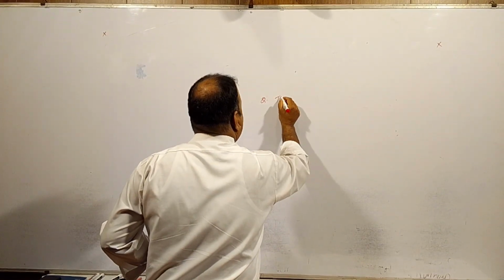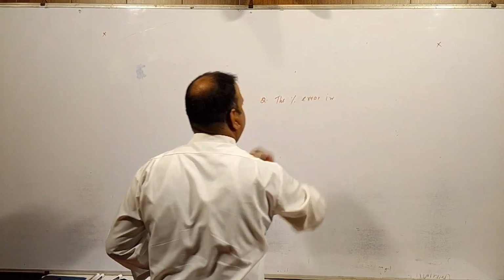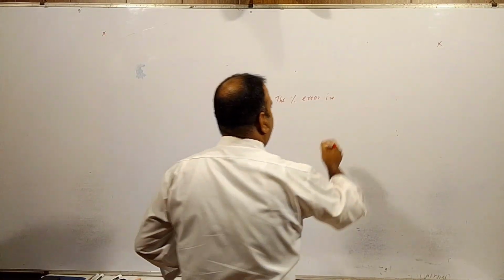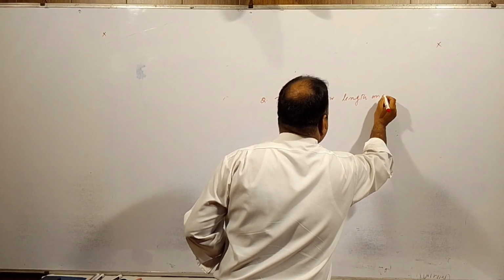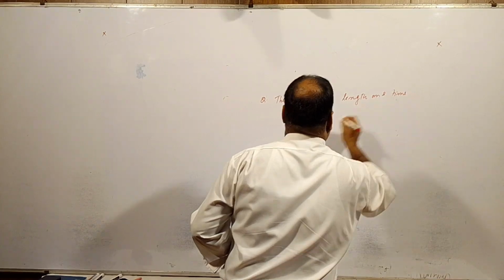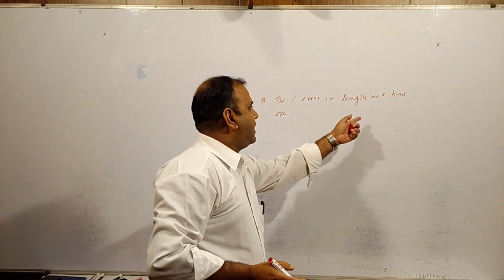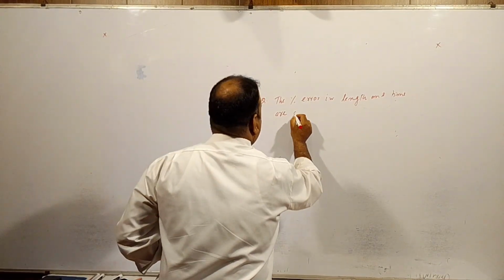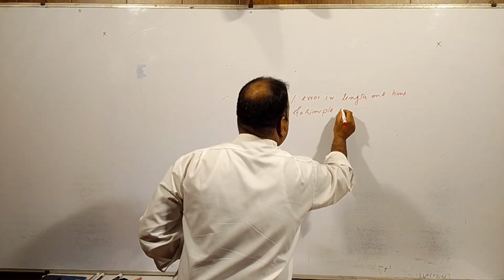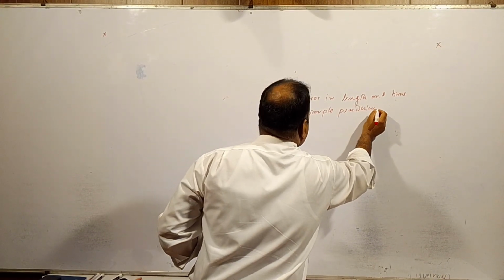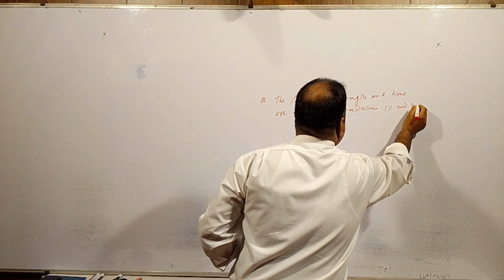Suppose the percentage errors in length and time of a simple pendulum are 1% and 2%.